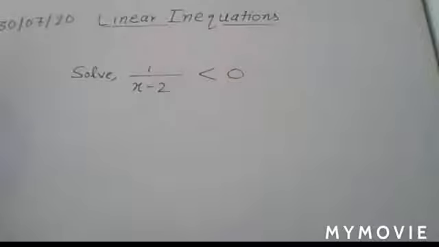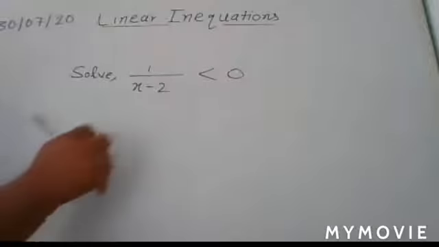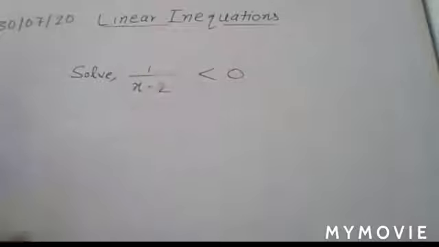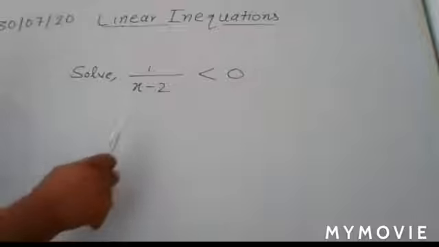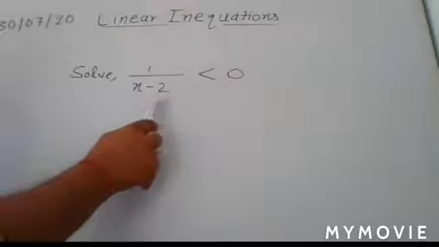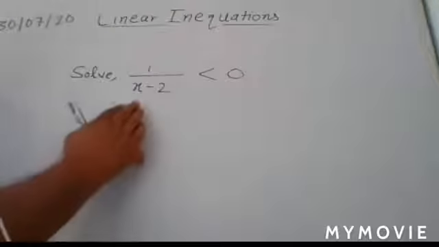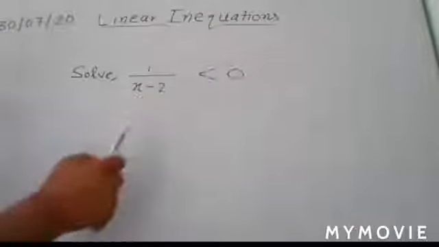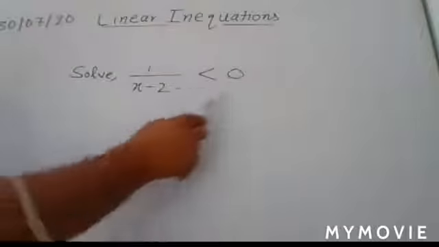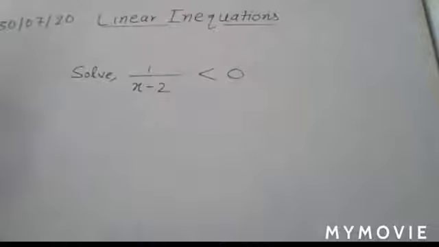Here you cannot multiply x minus 2 by 0; you are not saying that 1 is less than 0.